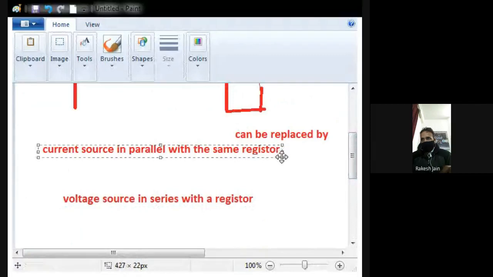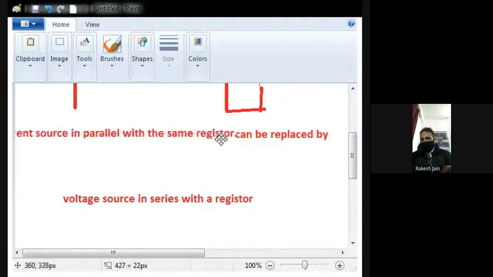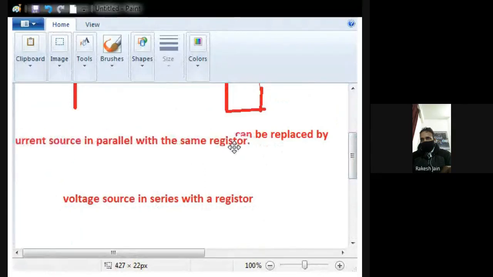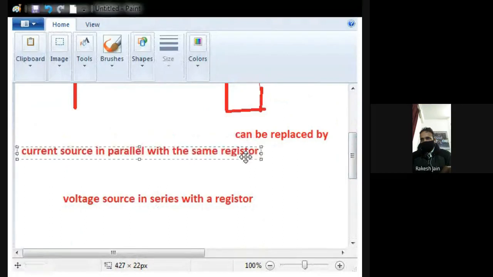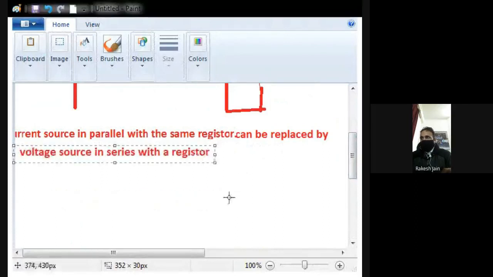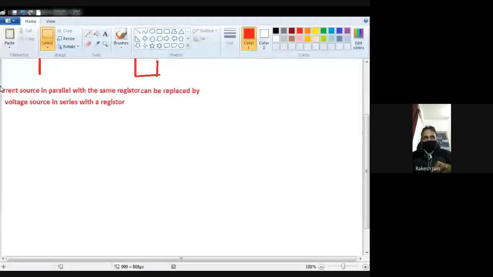A current source in parallel with a resistor can be replaced by a voltage source in series with a resistor.